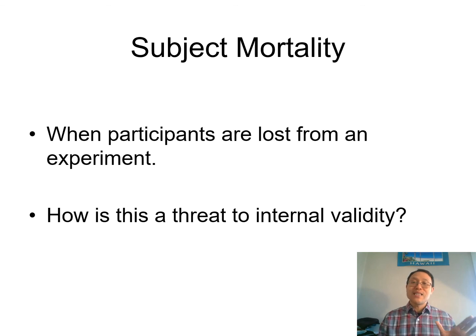You can see that this is an internal validity problem: you're comparing apples and oranges to only apples. So this is a threat to internal validity, in the sense that now you have very unequal personality characteristics across groups. So that's the first thing.